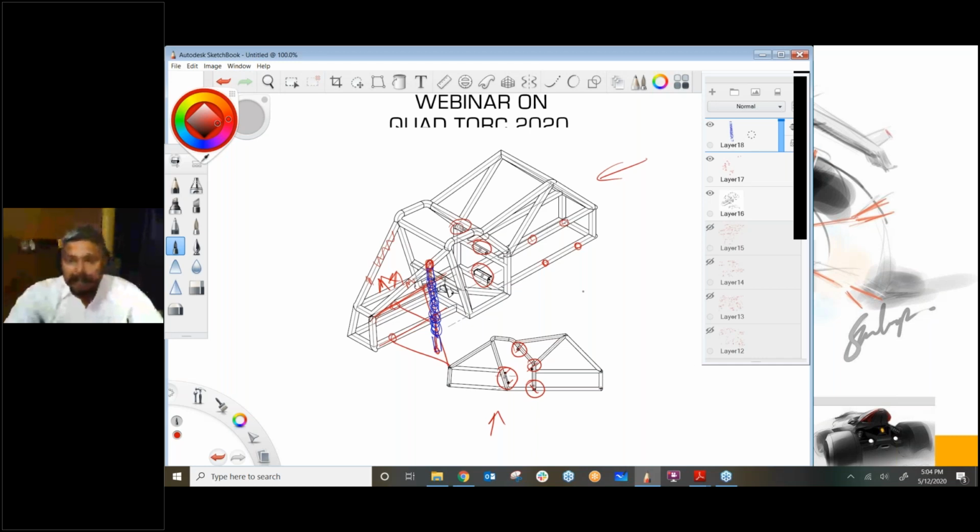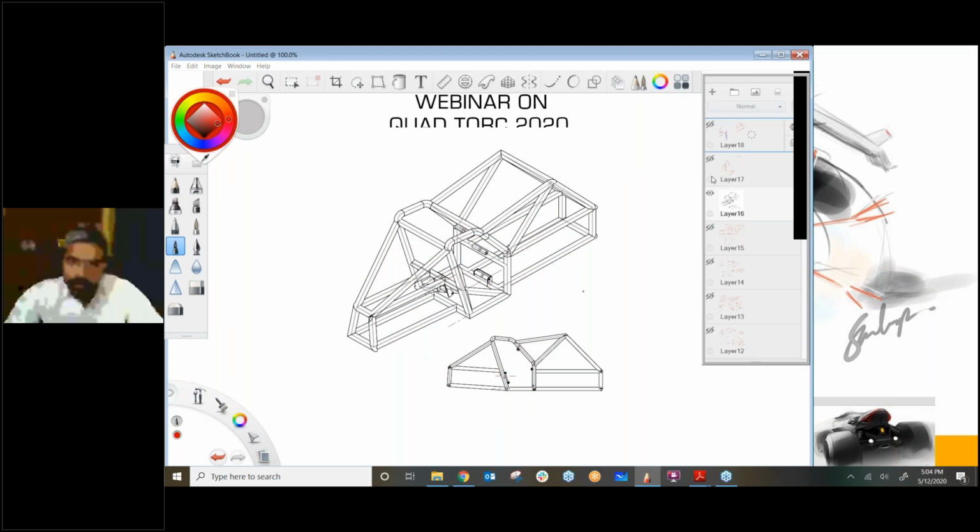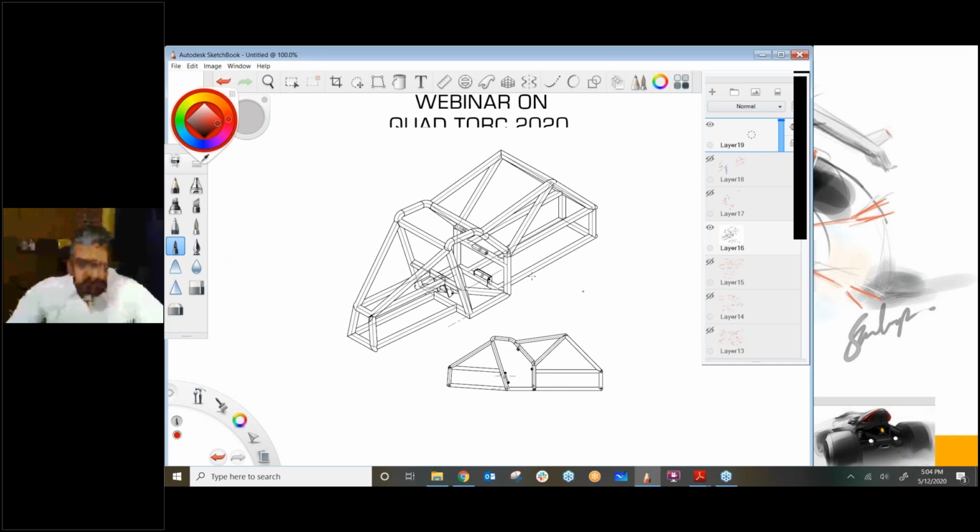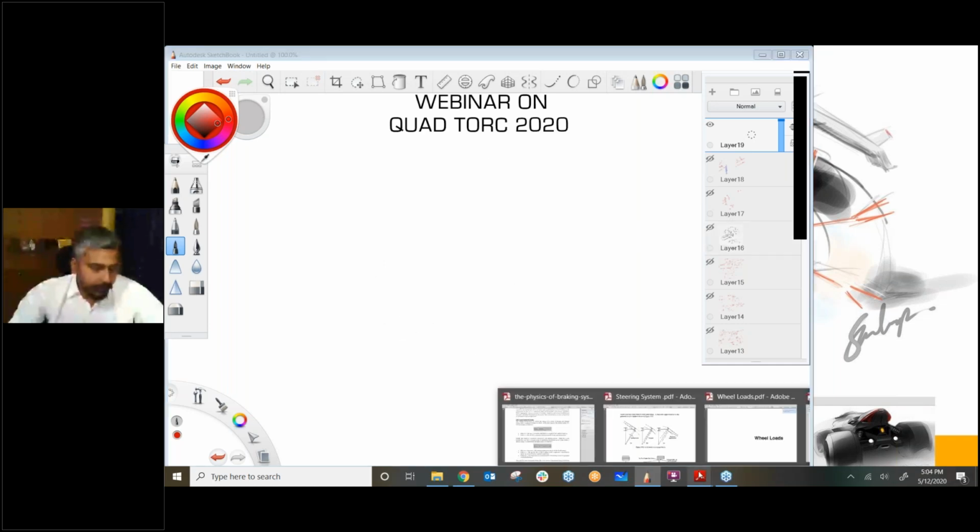This is point O. When you take moments about point O, the load on the left wheel multiplied by the perpendicular distance, which is T, will be equal to the load at the center of gravity, W, multiplied by the perpendicular distance T by 2, plus W into AY into H. Why plus?